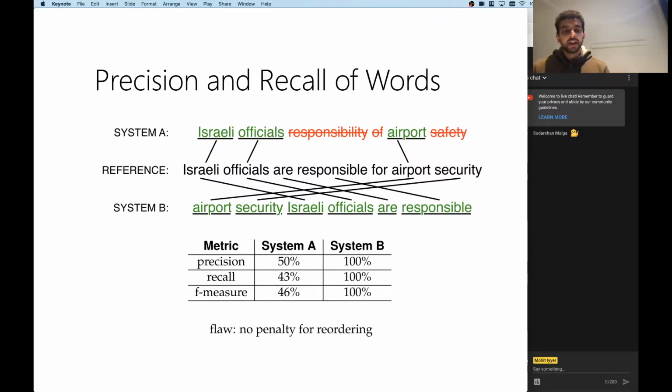So still though, precision and recall of words is very easy to compute, as you can imagine. All you need is a way to tokenize your outputs and your reference. So that means, in this case, you would want to split the string into words, and then you would just compute this metric. So is there a way to make this kind of better and reduce some of the problems that we discussed?